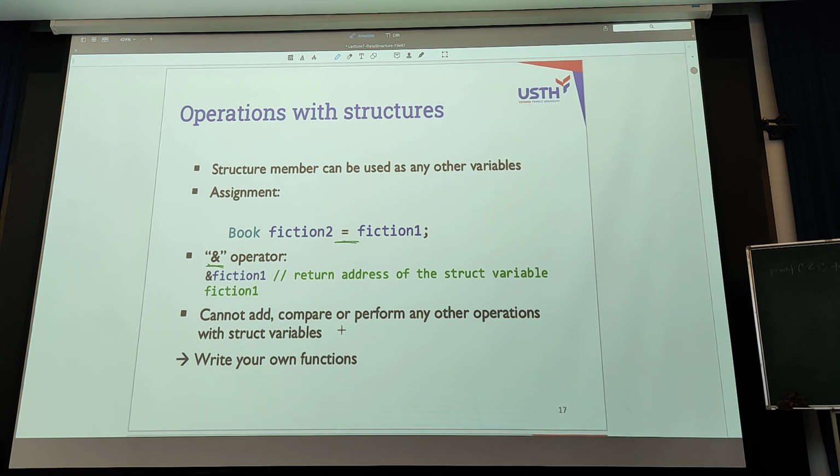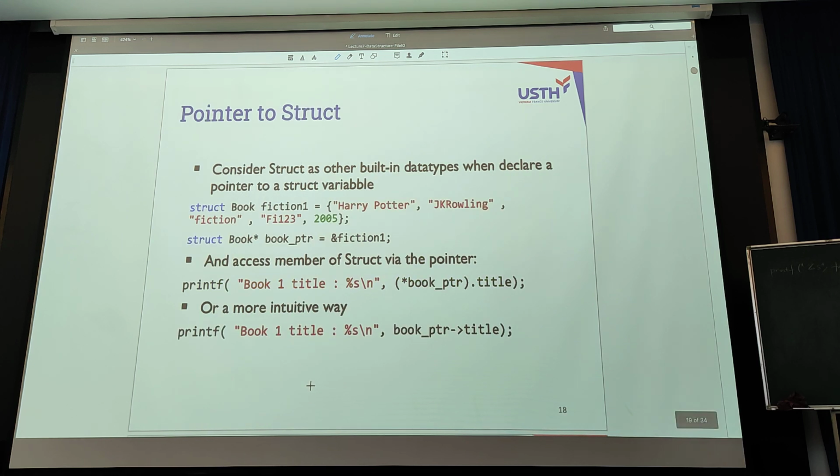The standard library of the C language doesn't provide any function to add, to subtract, or to compare structs, but you can write your own functions, with a header and an implementation file.